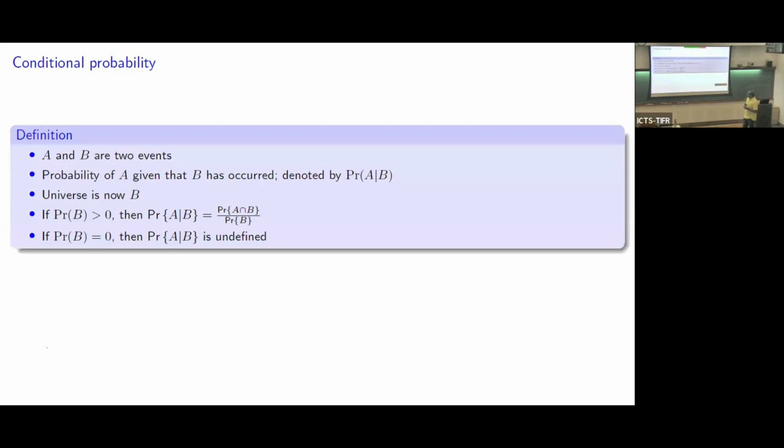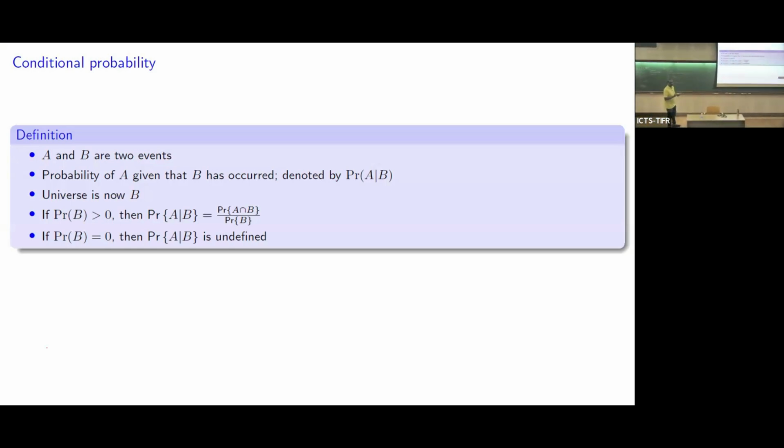Now, why is this rule reasonable to believe? You can think about it using the long run fraction of time that an event is happening, the way we thought about probability earlier.